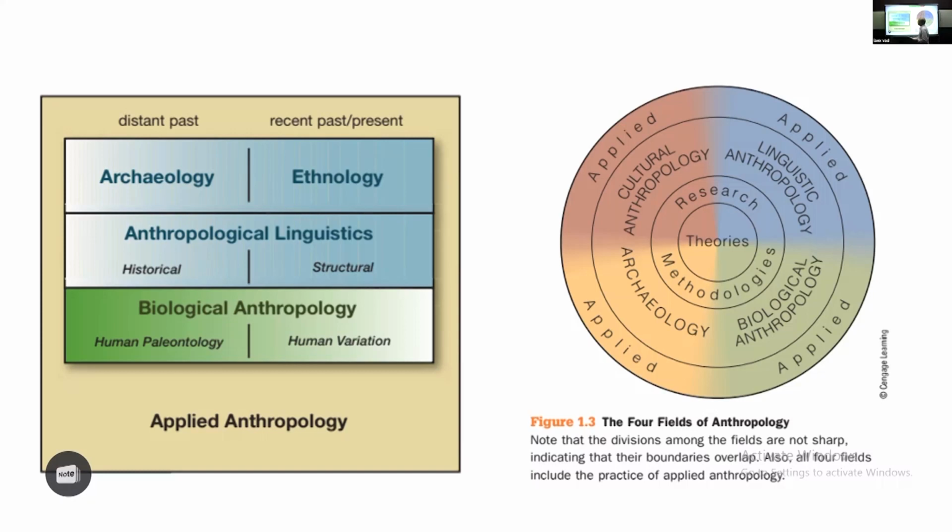So essentially, what are the branches? 4 major branches: sociocultural and biological, linguistic and archaeological.